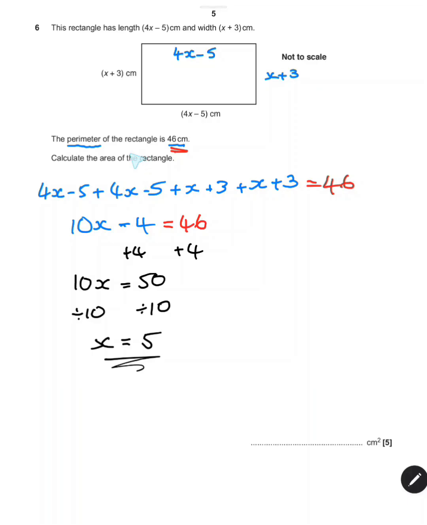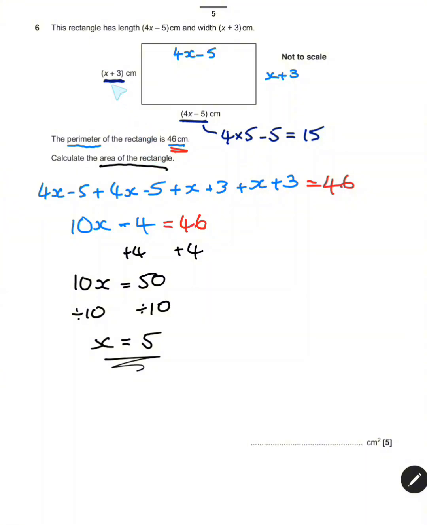Now we're not quite finished because we're not looking for x, we're looking for the area of the rectangle. And area comes from base times height. So what I'm going to do is put x into this. When you've got 4x minus 5, you've got 4 times 5, minus 5. 4 5s are 20, take 5 is 15.